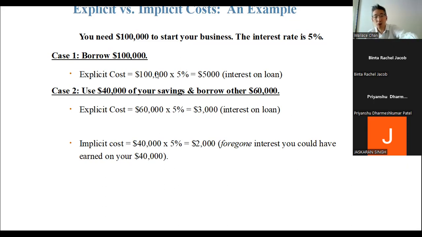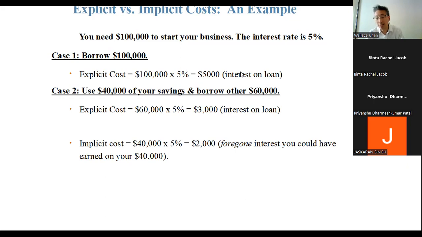Now, if you just compare the explicit cost, it looks like, oh, it's a much better idea for me to use my own savings and borrow the rest of the money from the bank, because I only need to pay $3,000 on the loan compared to $5,000.